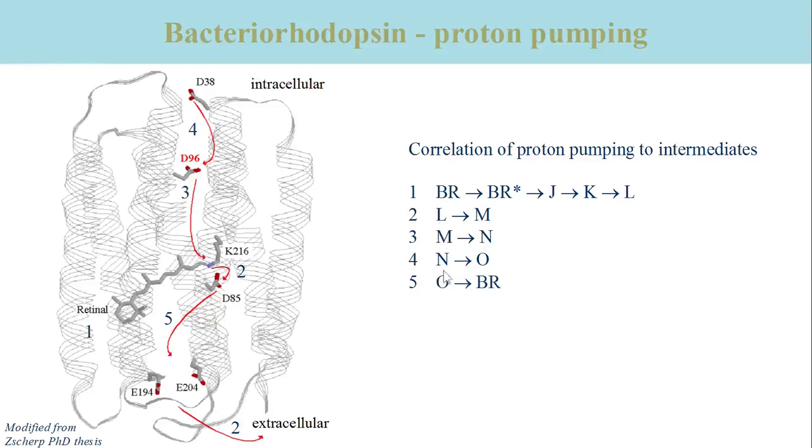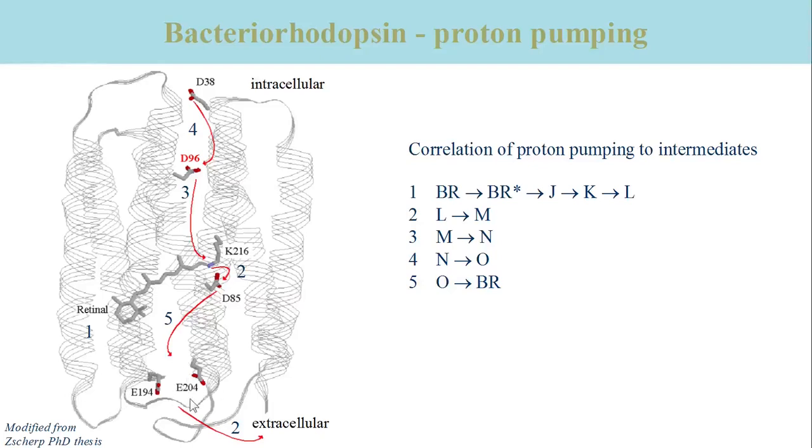In the N to O transition, aspartate 96 becomes reprotonated by a proton from, amongst others, aspartate 38. The retinal isomerizes back to the all-trans state. Finally, in the transition from O to the Br ground state, the proton of aspartate 85 moves via a proton channel to the extracellular release site near glutamate 194 and glutamate 204.